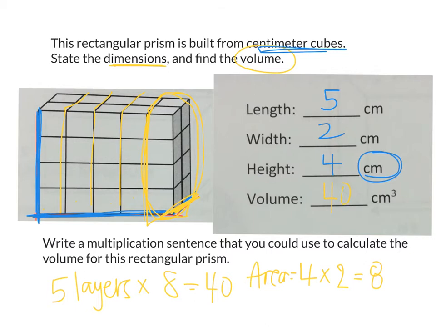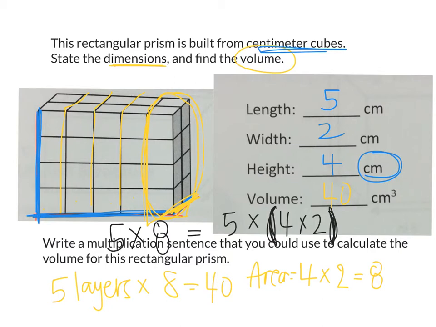So what's a multiplication sentence that we used to find the volume? We did 5. I'm going to have to rewrite it over here. 5 times 8, which is the same thing as 5 times (4 times 2). Notice these parentheses. They don't really do anything mathematically, but they do a lot to show me your thought process.